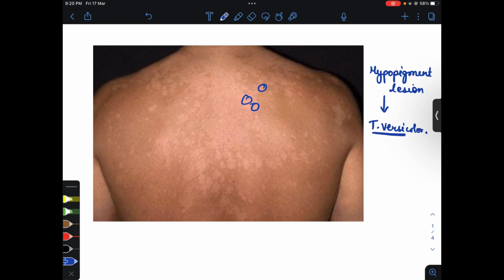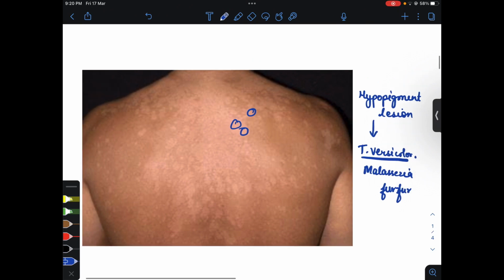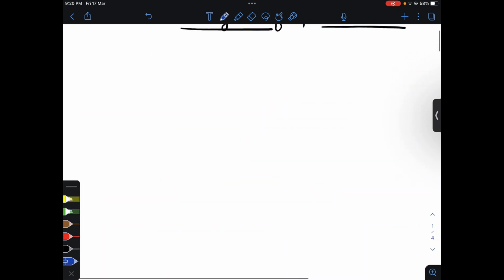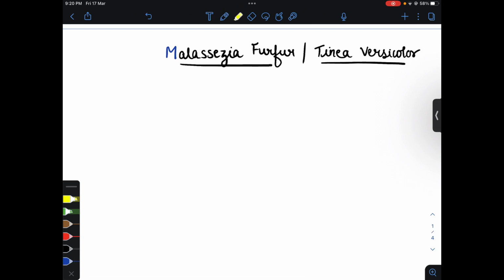The other name for Tinea versicolor is Malassezia furfur. Now let's discuss Malassezia furfur, or Tinea versicolor.